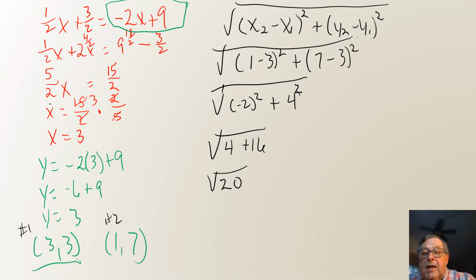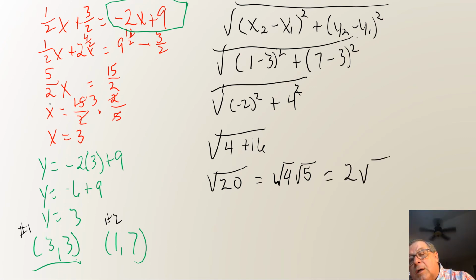And I could leave the answer like that, although I do see here that the square root of 20 is the same as the square root of 4 times the square root of 5. And the square root of 4 is 2. And so I could also say that it's 2 times the square root of 5.